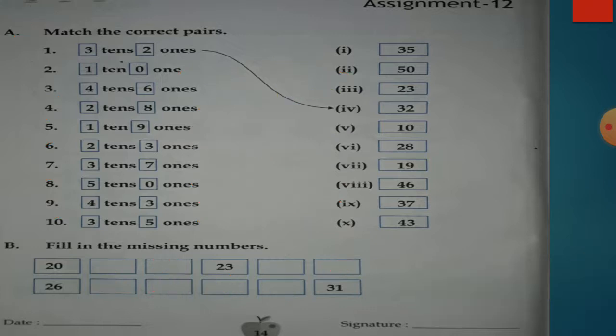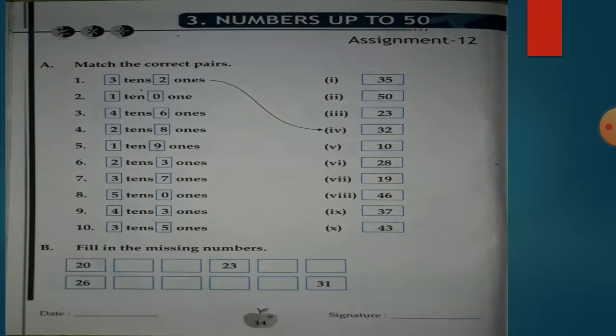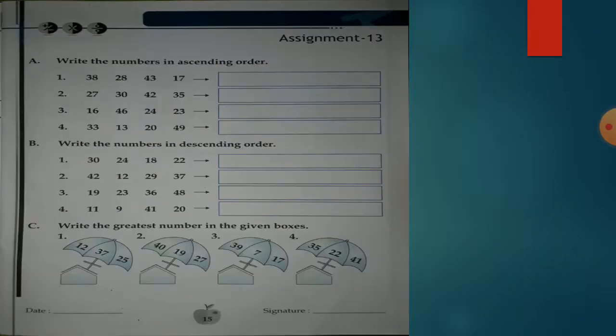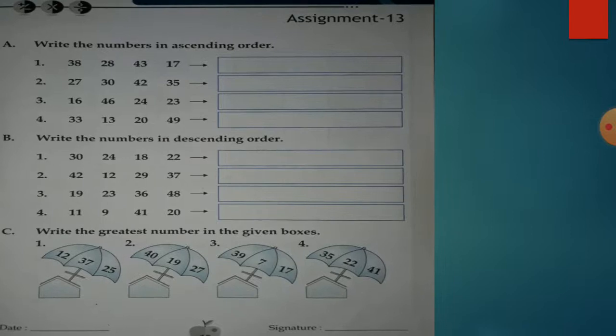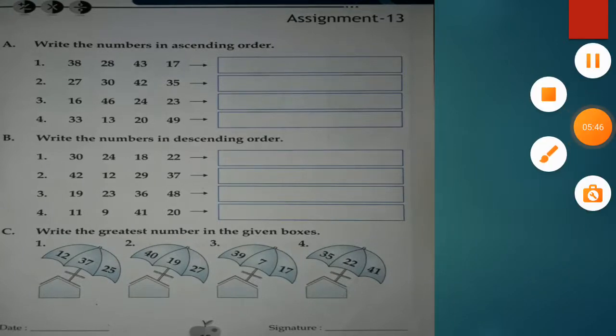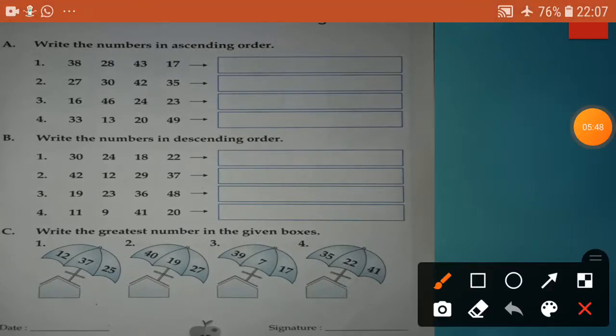Next, page 15. See, write the numbers in ascending order. Ascending order means small to biggest number, smallest number to biggest number.